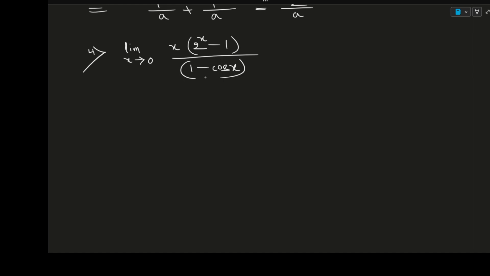So we'll use the standard trigonometric formula as well. 2 to the power x minus 1, what I will do is multiply 1 plus cos x in the numerator and in the denominator.